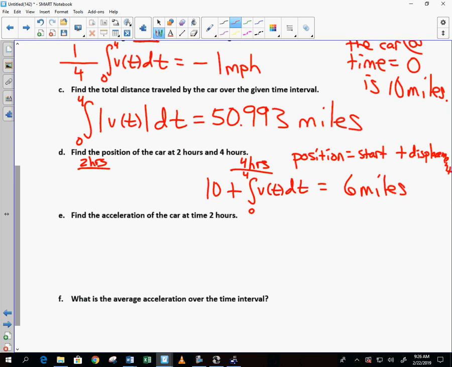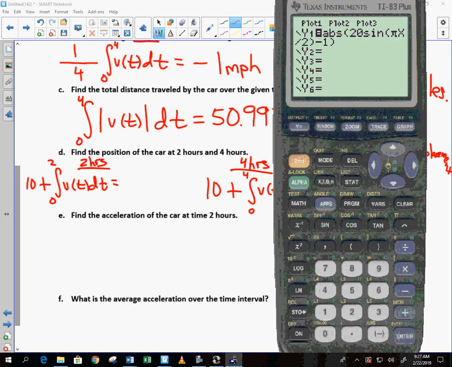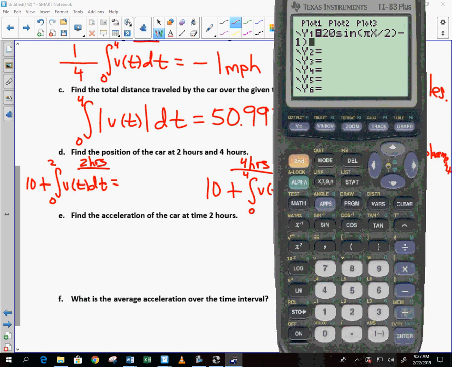Can somebody tell me the expression I would write for the 2 hours one? It's the same idea. Position equals start plus displacement, plus the integral from 0 to 2 of v of t dt. Do I know the integral from 0 to 2? I don't know that yet, so I'm going to figure it out. I go back to my y equals. I have to get rid of the absolute value piece.